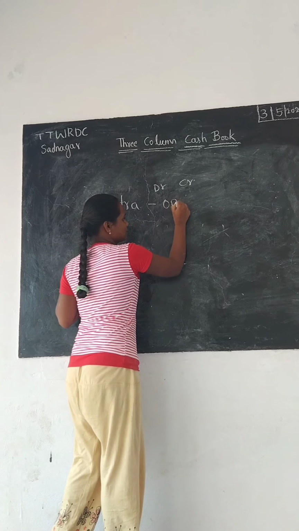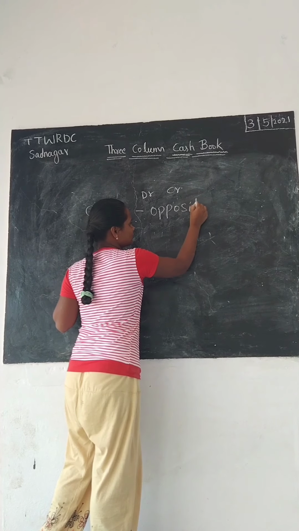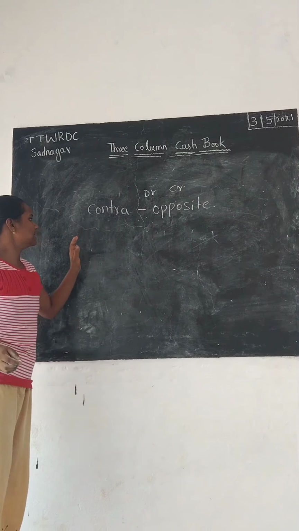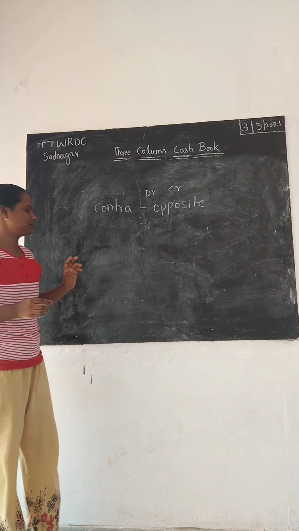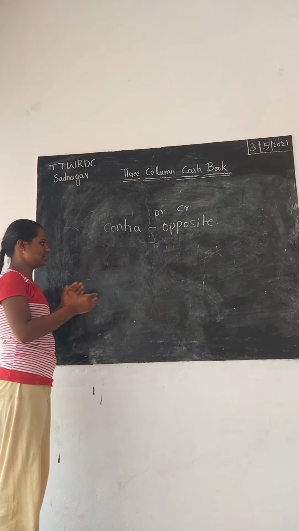Contra means opposite. Three transactions are considered as contra entries.